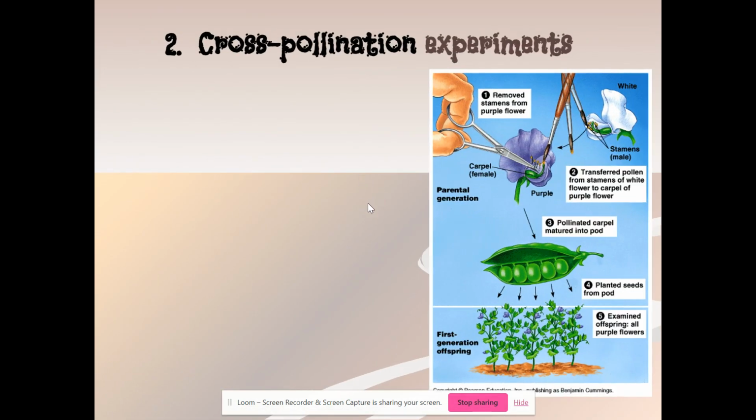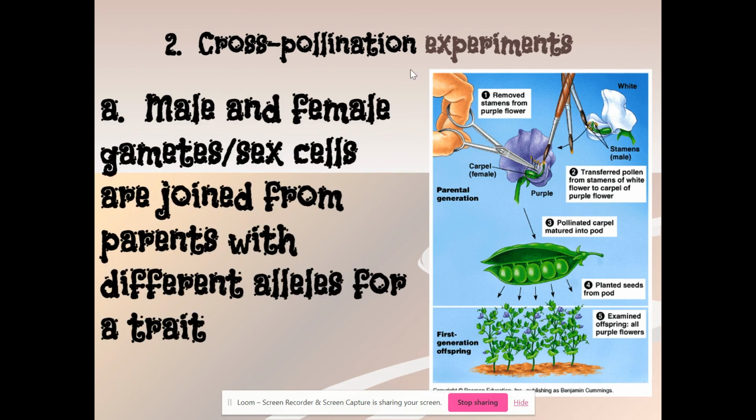Now to the actual experimenting part of the experiment, cross-pollination. In this case, this required a little bit of manipulation on Gregor Mendel's part, and you can see an illustration on the right showing you this manipulation. In this set of experiments, what he did is that he took 2 different plants and he crossed them together.